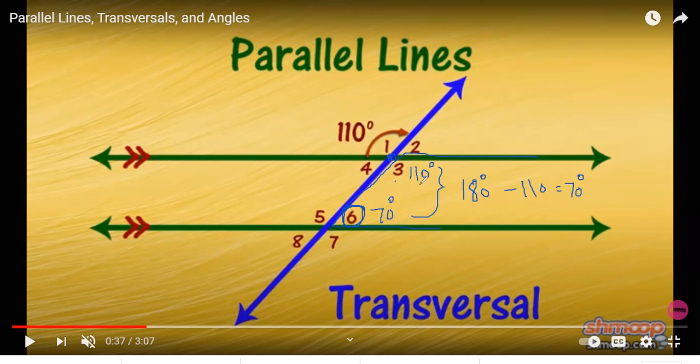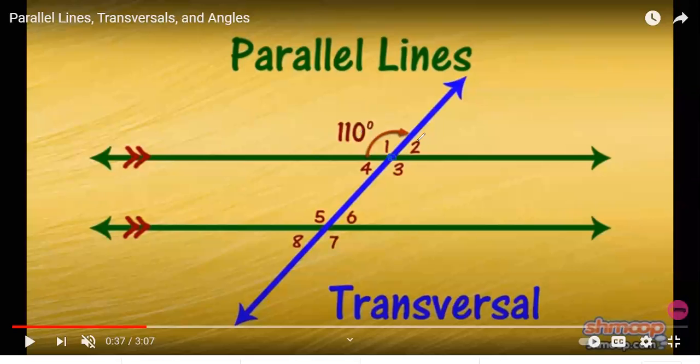We can find the rest of all angles here, and we can play like we have the snake, as I said. So if you start from this point to this angle, 110, it will be in angle 1 and angle 3, angle 5 and angle 7. Then 110, 110, 110 and 110. What about the measure of angle 2?